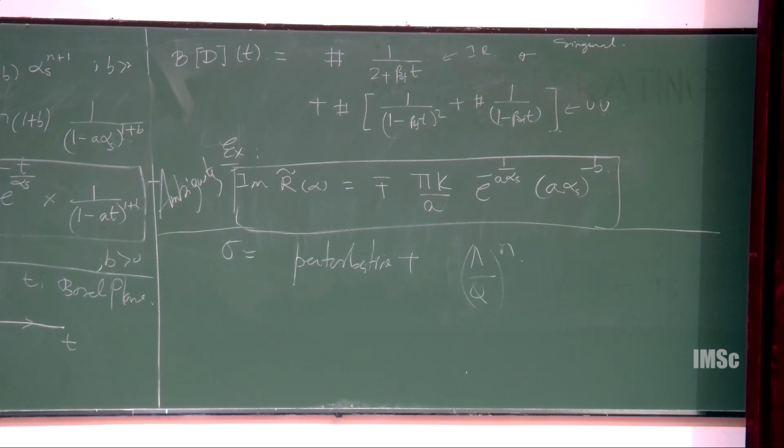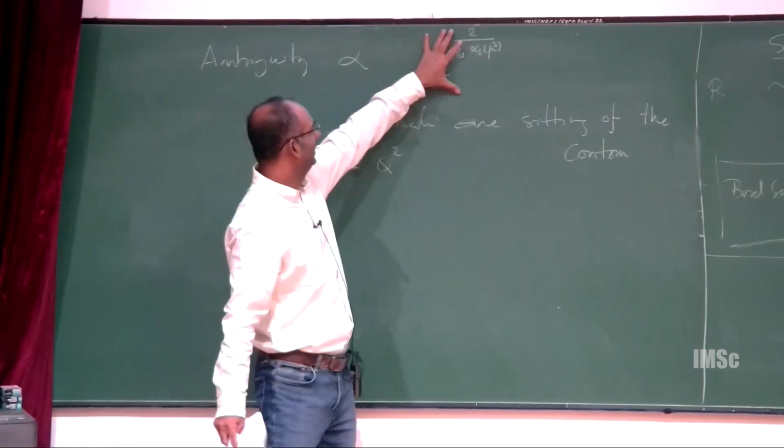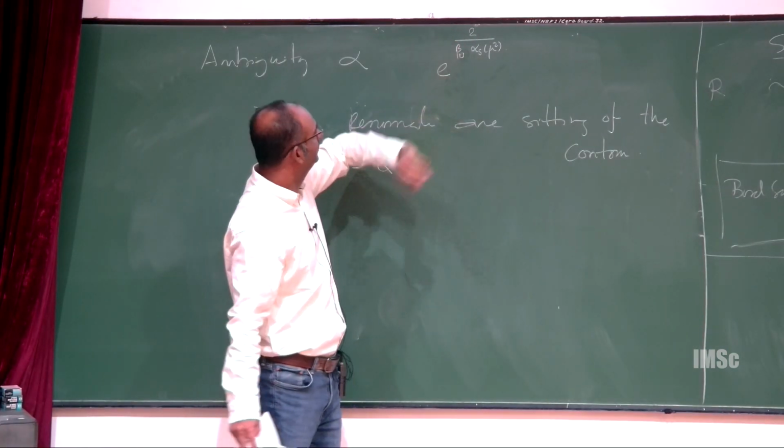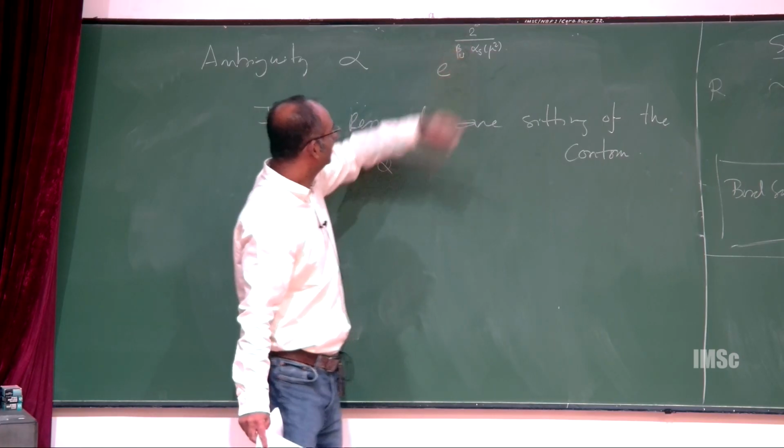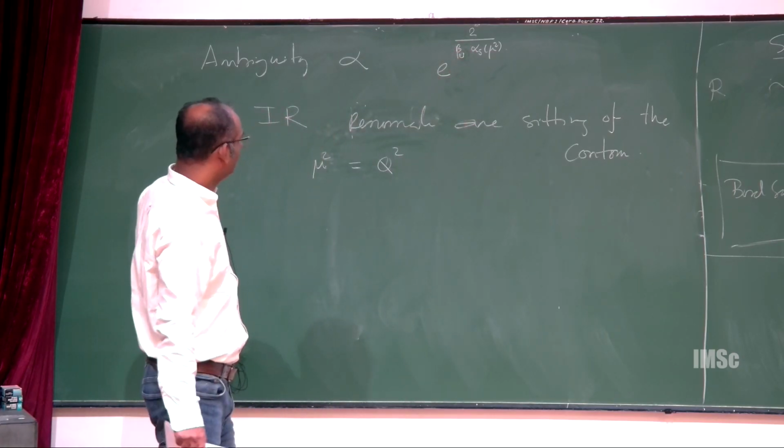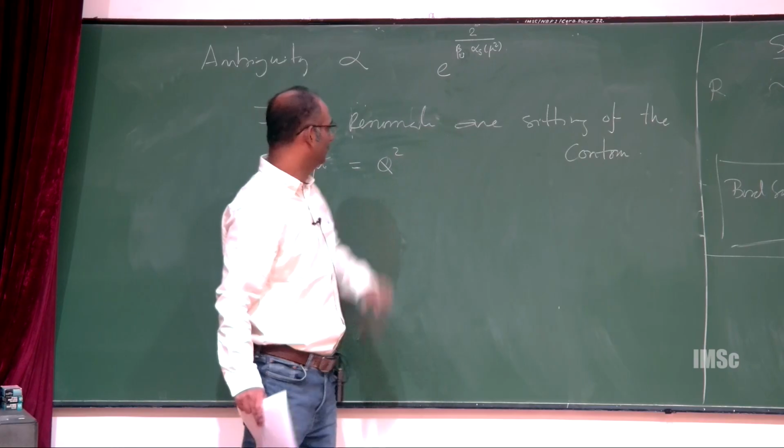Okay, so let us choose. I have an ambiguity of this form, and now we are at the important part. In this ambiguity I identify mu square to be q square.